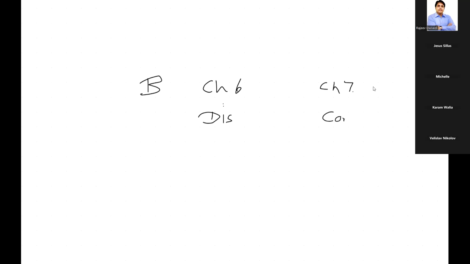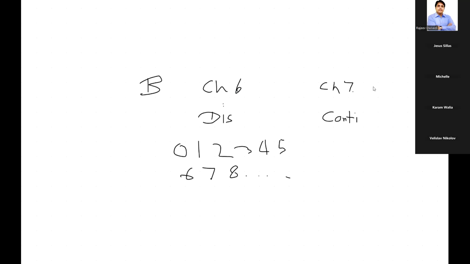What is the difference between discrete and continuous? Discrete means 0, 1, 2, 3, 4, 5, 6, 7, 8. I mean, these values are possible in discrete.